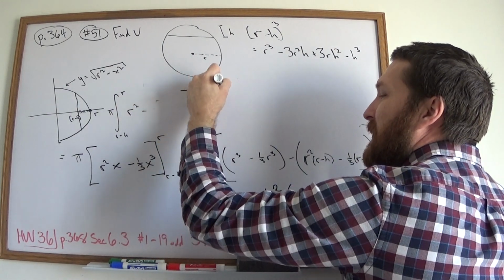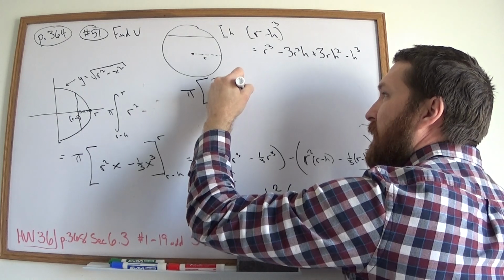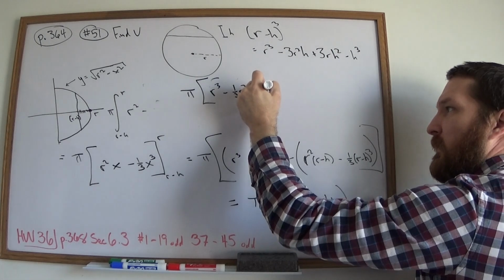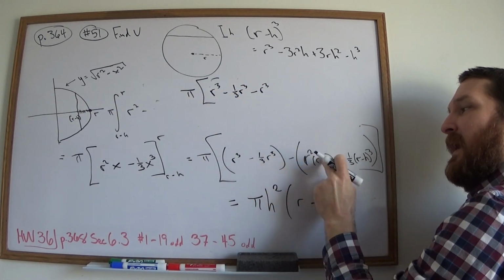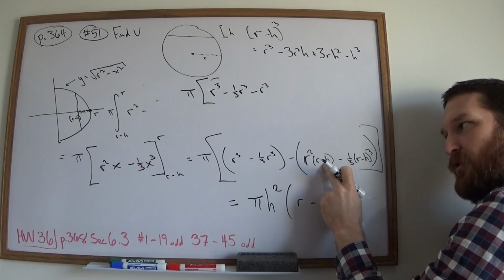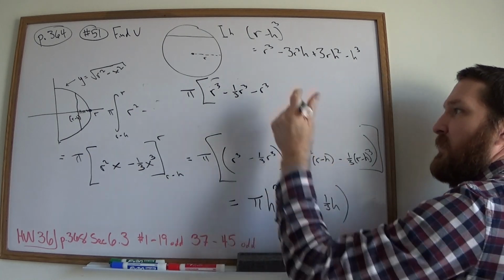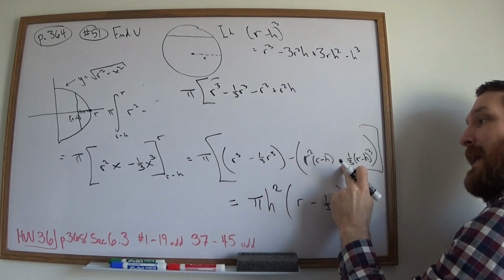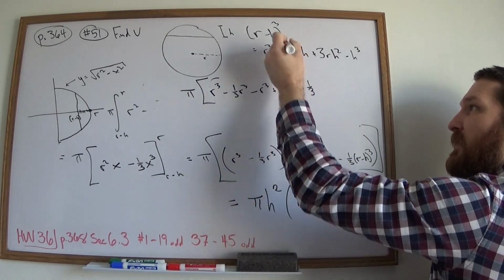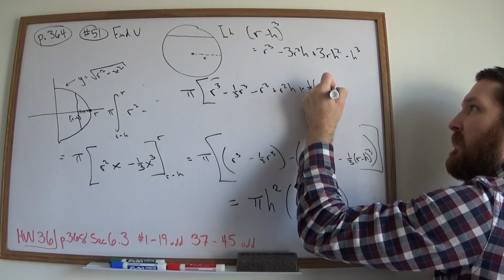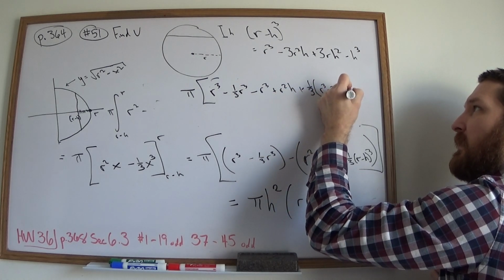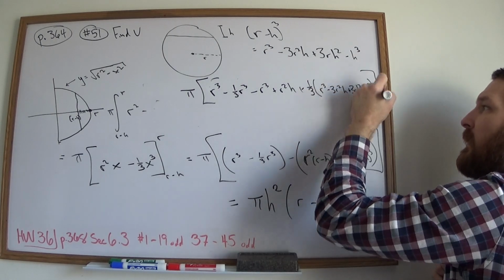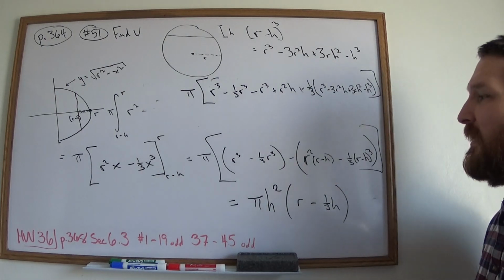Pi times r cubed minus 1/3 r cubed minus r cubed plus r squared h, plus r squared h, plus 1/3 of this. And all the threes go away. But yeah, everything cancels somehow. Everything cancels out and you're left with that.